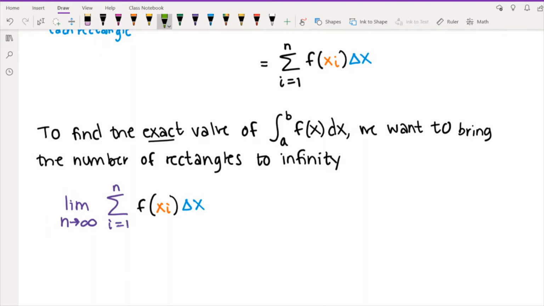So if you take the limit, that's where you're going to get the actual value of the integral. So this expression written down right here is going to be equal to the integral from a to b of f of x dx.